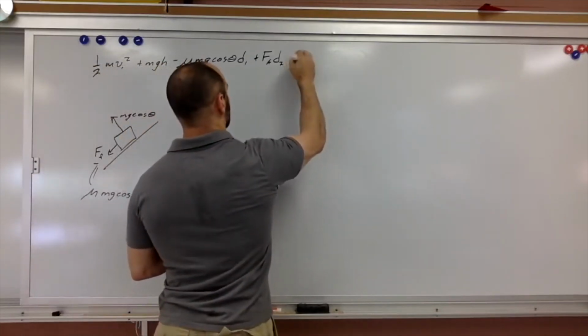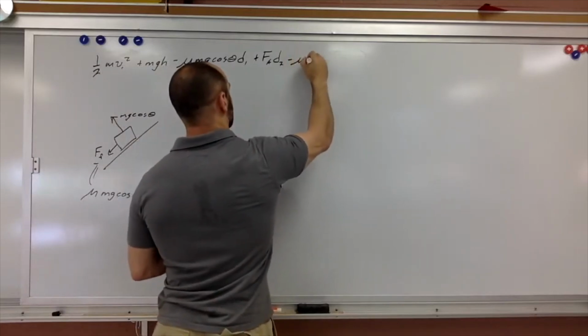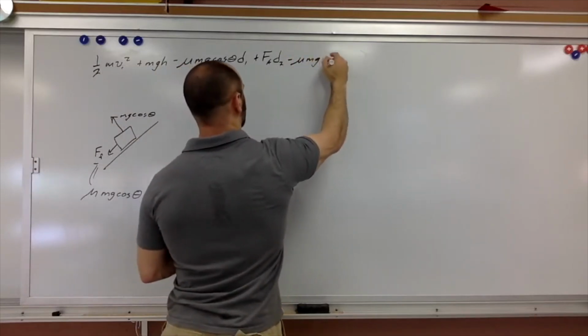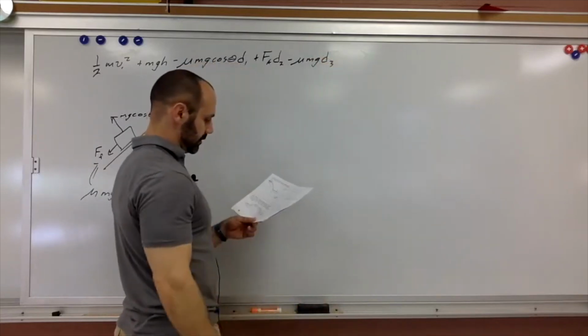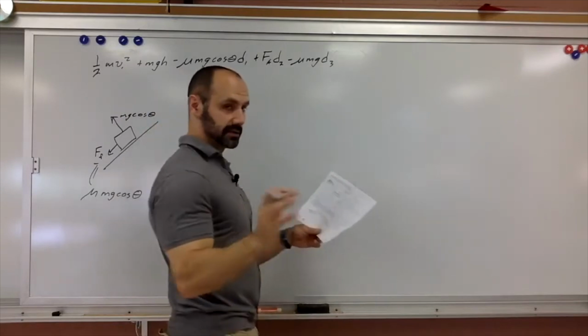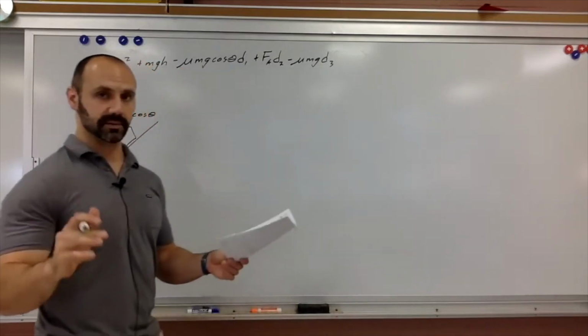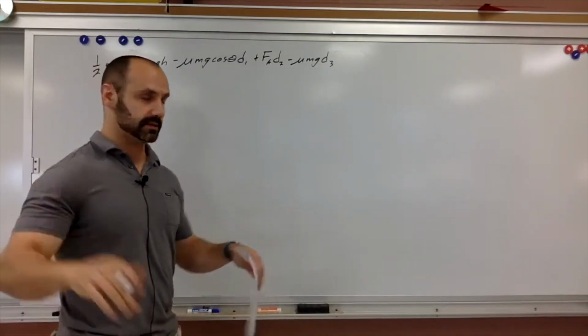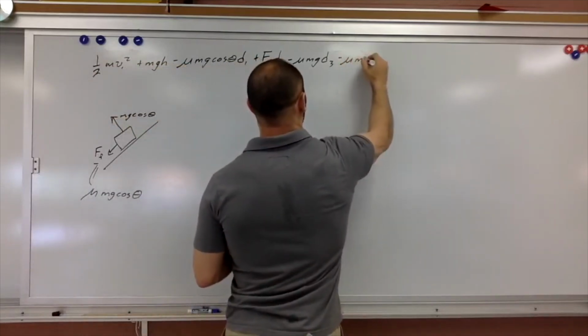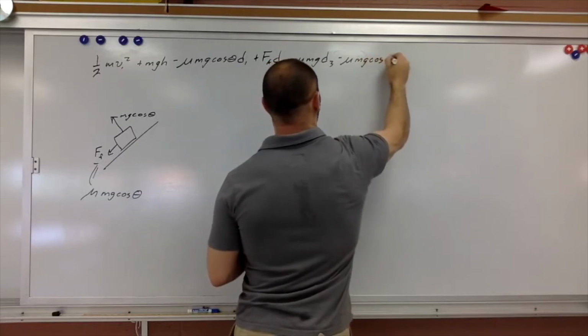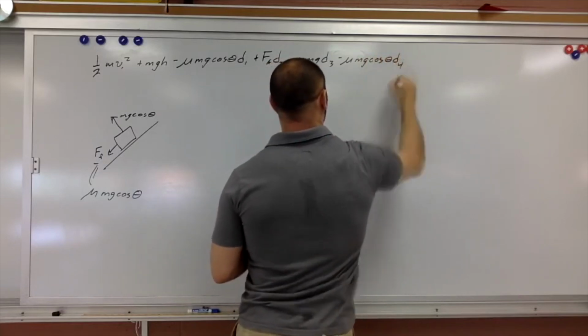So this will be minus mu mg d3. And then going down that other incline, I already took into account the potential energy, right? All we care about for the gravitational potential energy is the beginning and ending points. So this last one is going to be minus mu mg cosine theta d4.